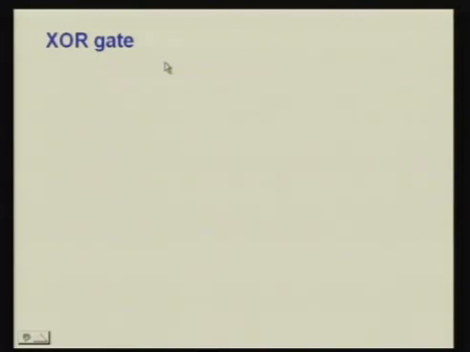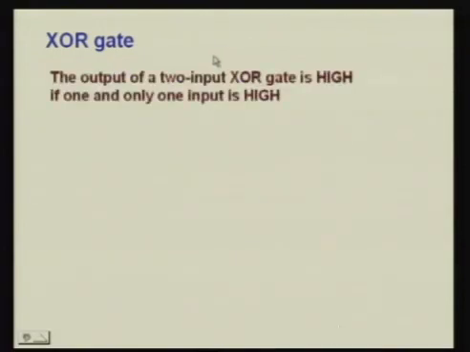What is the exclusive OR gate? What is the importance of this XOR gate? We will see now. We can define it as: the output of a 2-input XOR gate is high if one and only one input is high.